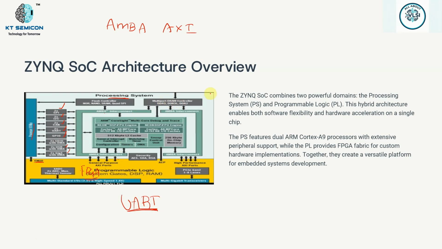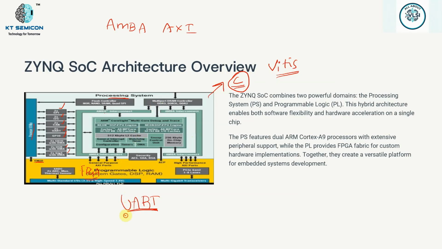What I need to do is develop an application in C from the processor side, and the software which we are going to use is Vitis. Using Vitis, we are going to develop an application using C, and using this language we are going to communicate with this particular UART IP.